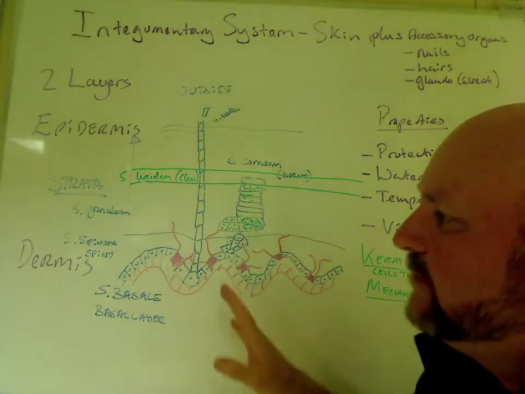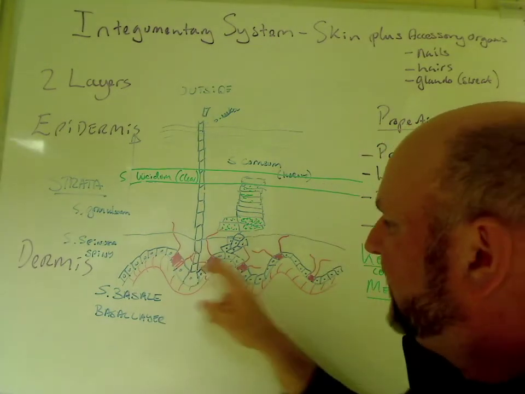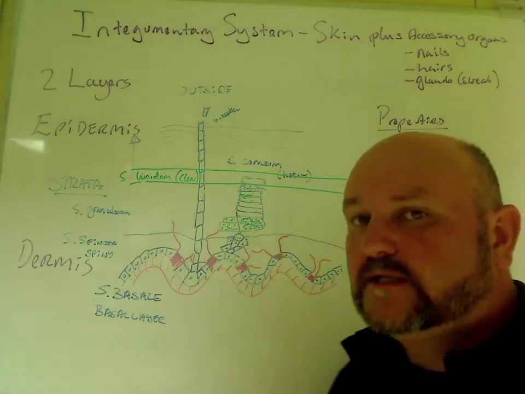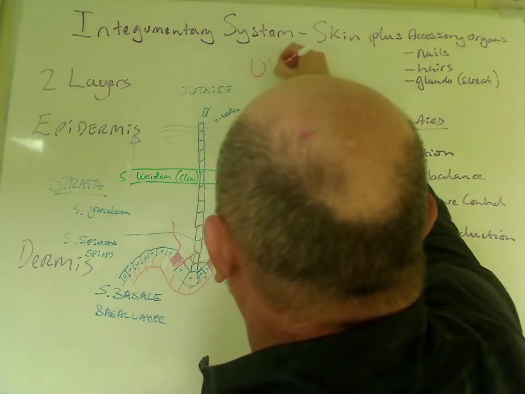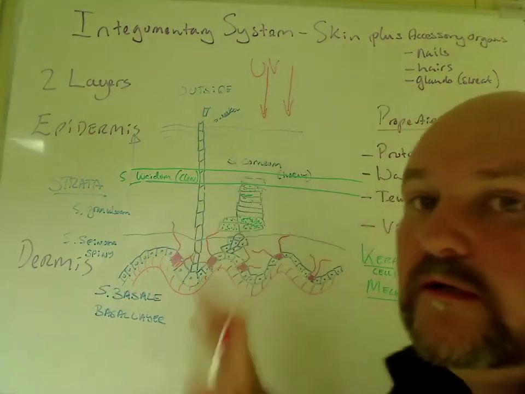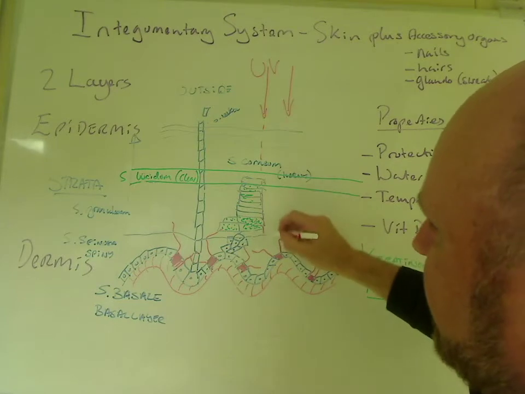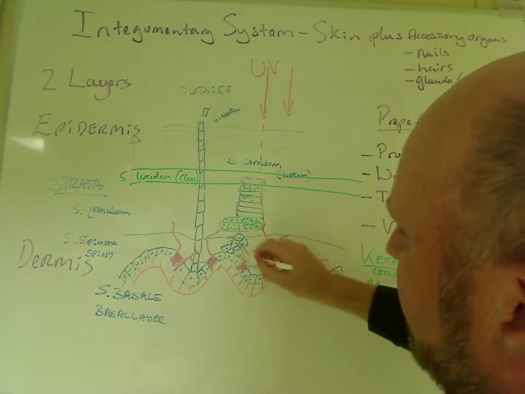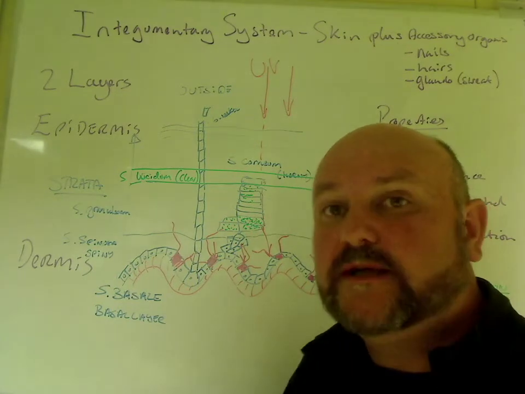Really, kind of the last couple of things I want to say about this in terms of the epidermis is going back to these melanocytes. The melanocytes are stimulated by UV radiation. So it penetrates down through the layers and it stimulates the melanocytes to start producing melanin, which is the dark pigment.